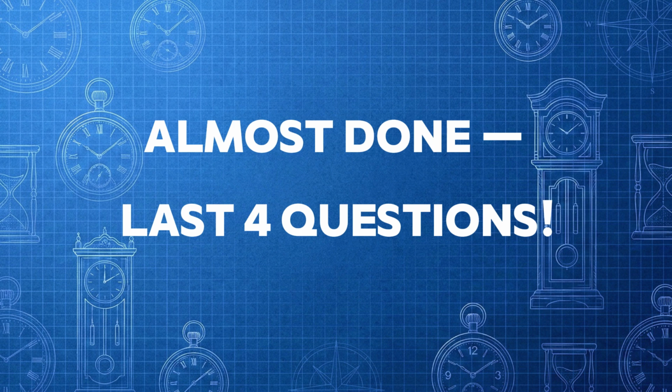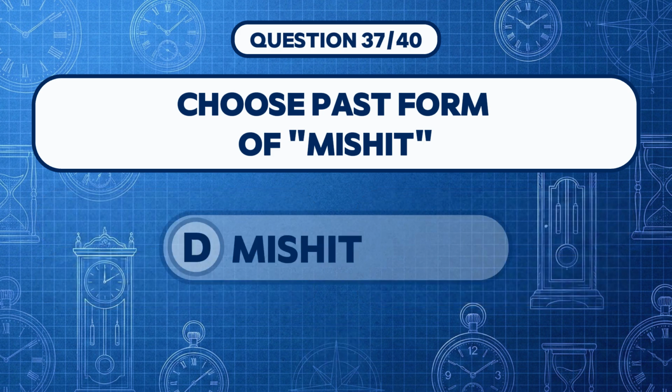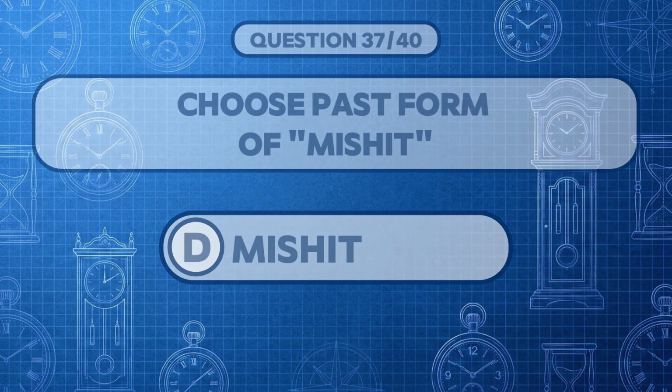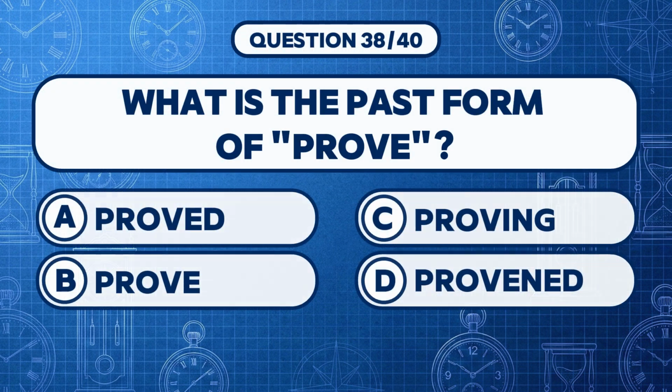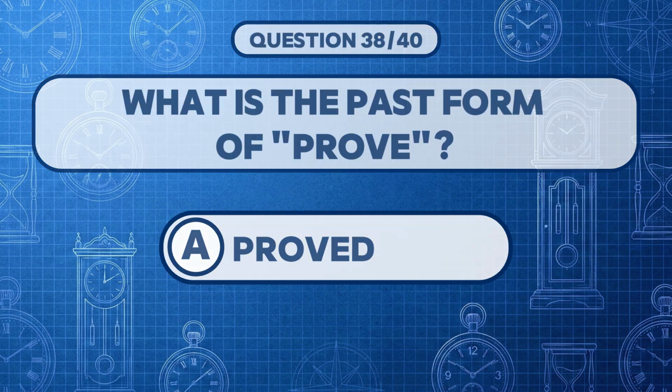Last 4 questions. Choose past form of miss it. Answer D, miss it. What is the past form of prove? Answer A, proved.